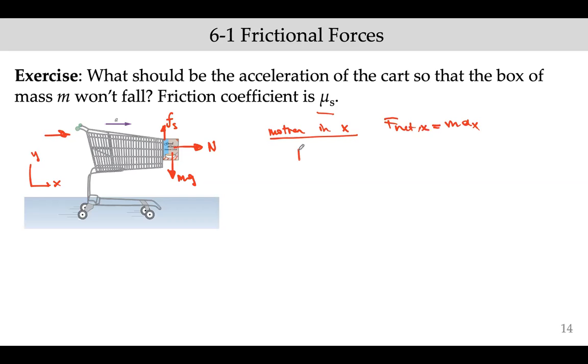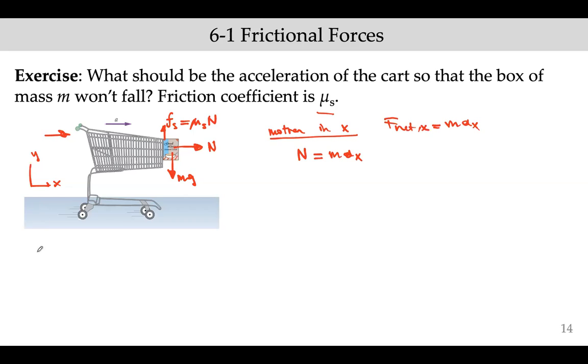So it's going to be normal force equals m times acceleration x. So without acceleration, you have zero normal force, and if you don't have normal force, then there's not going to be any friction, because the friction force depends on the normal force. If you have more normal force, you have more friction, right?